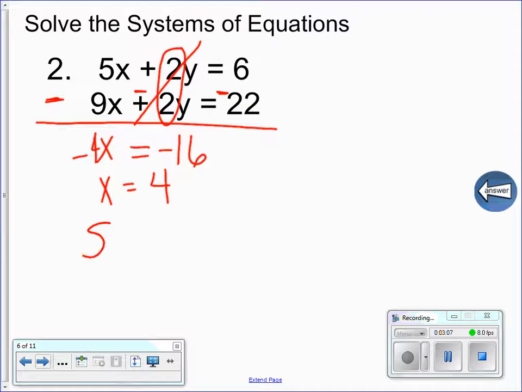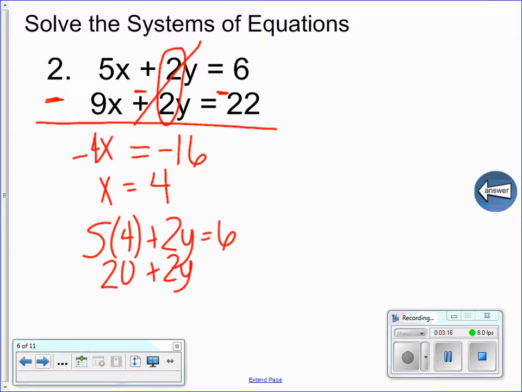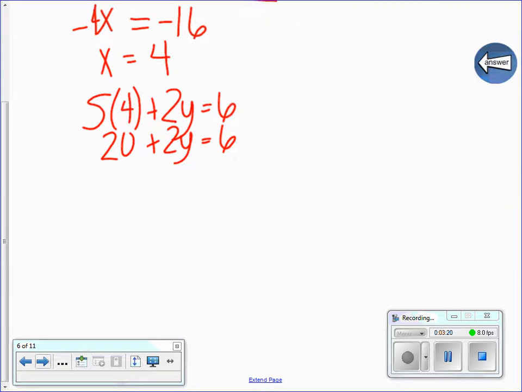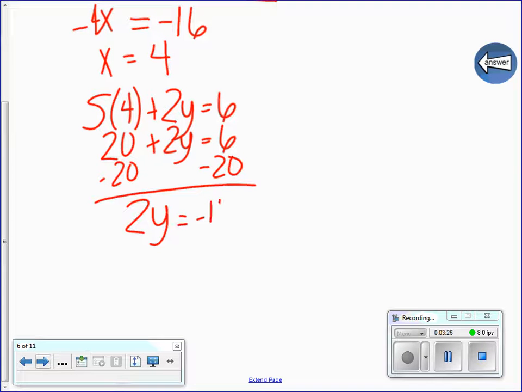Substitute into the first equation: 5 times 4 plus 2y equals 6. So 20 plus 2y equals 6. Subtract 20 from both sides, and I get 2y is equal to negative 14, so y is equal to negative 7.